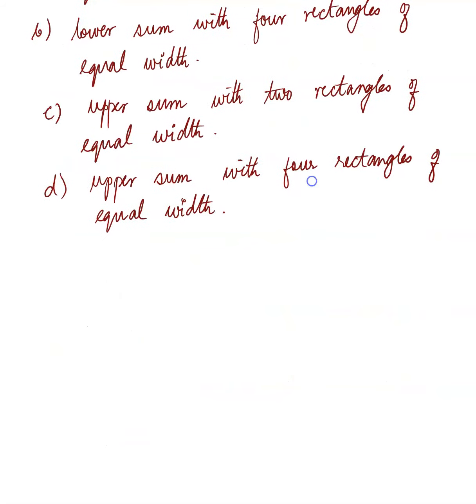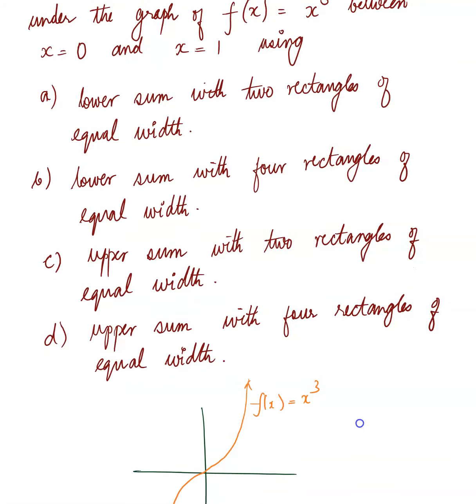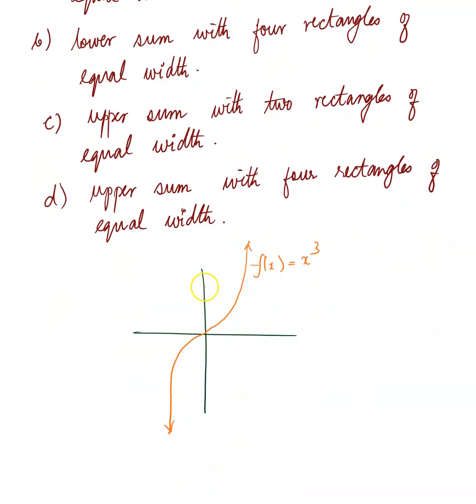To give you a rough sketch, okay, this is a sketch. I'm going to draw this nicely later, but the rough sketch is that you do have y equals, or f of x equals x cubed to look like this, okay? And then they said it's between x equals 0 and x equals 1. So this is x equals 0 and this is x equals 1.